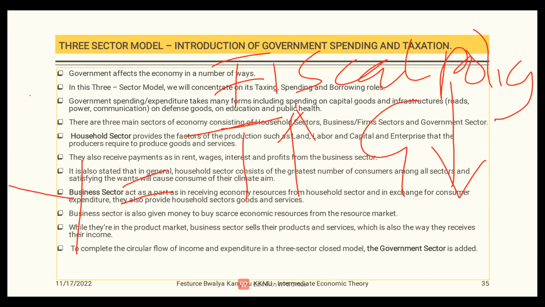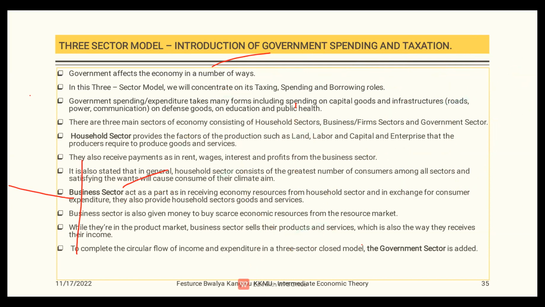But when the government through the central bank decides how much money should be supplied in the economy, that's money supply. That is called the monetary policy. Fiscal policy is the government controlling taxes and government expenditure. But monetary policy is the actions of the central bank controlling money supply, increasing or decreasing it.